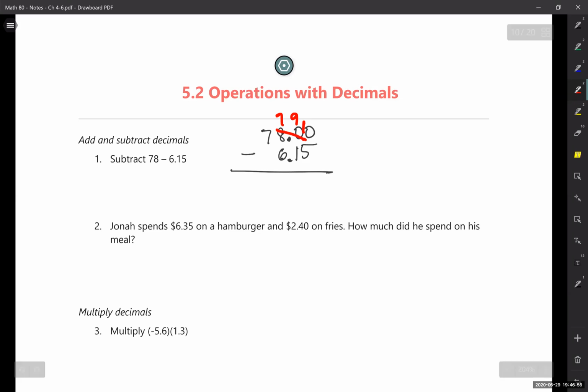Now, I'm not going to go into what everything means because technically I borrowed a tenth and I gave it to 10 tenths to the hundredth, and it just gets to be too much of a mouthful with all those THs in there. My point is, it's the same concept as any borrowing we've ever done. So we can just borrow one and give it to the next one.